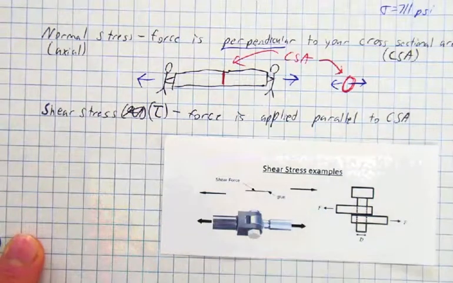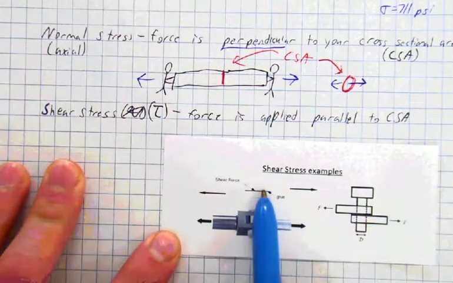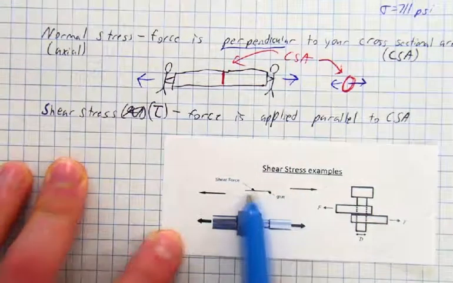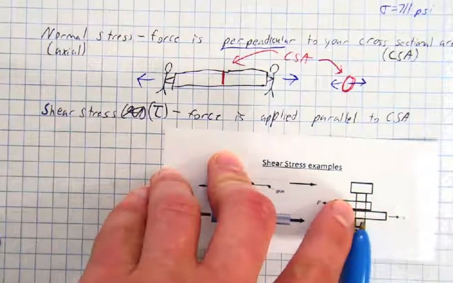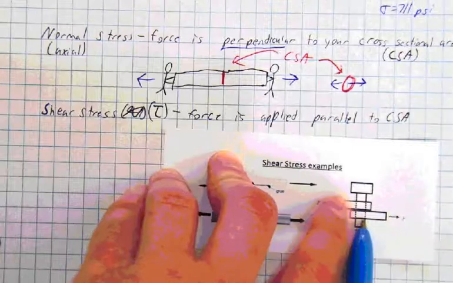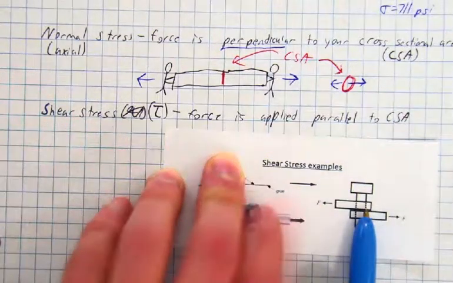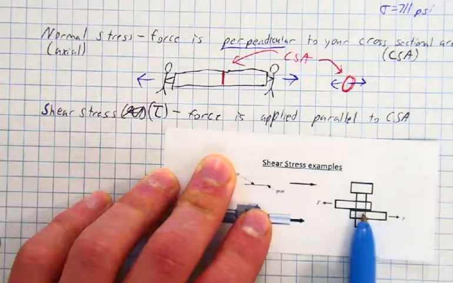For example, in this picture on the top left, you've got two objects glued together and they're being pulled apart. Whereas these two objects, maybe it's like the bridges that you built, where you can see one board is pulling on this bolt or screw one way, while another board is pulling on it the other way.